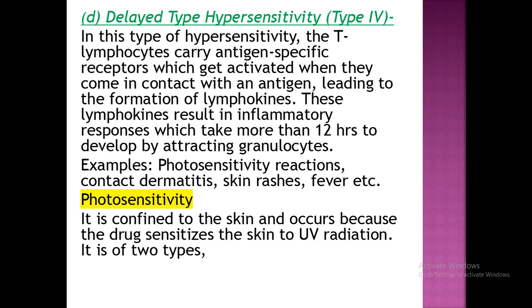These lymphokines result in inflammatory responses which take more than 12 hours to develop by attracting granulocytes. That is why it is called delayed type hypersensitivity, since it takes more than 12 hours. Examples are photosensitivity reactions, contact dermatitis, skin rashes, fever, etc.